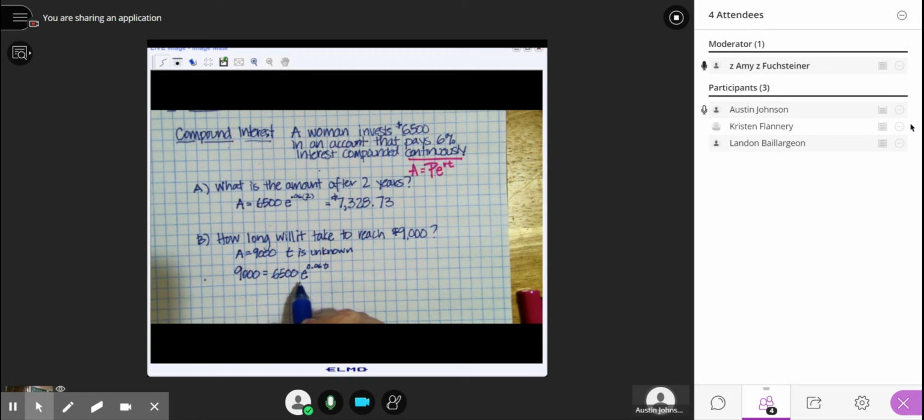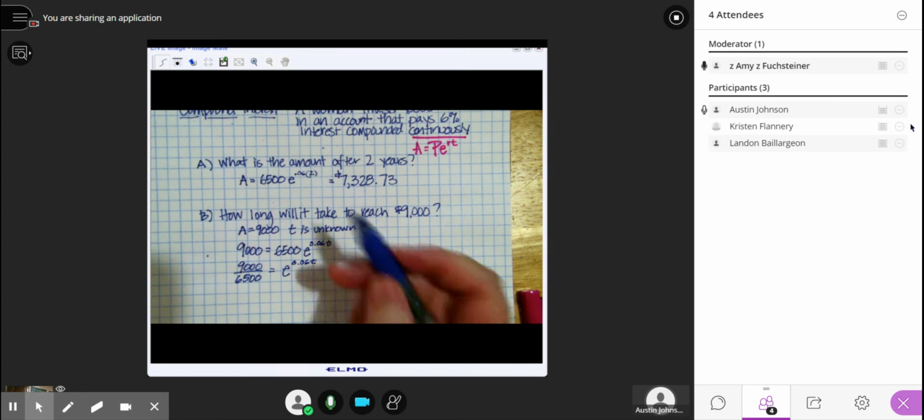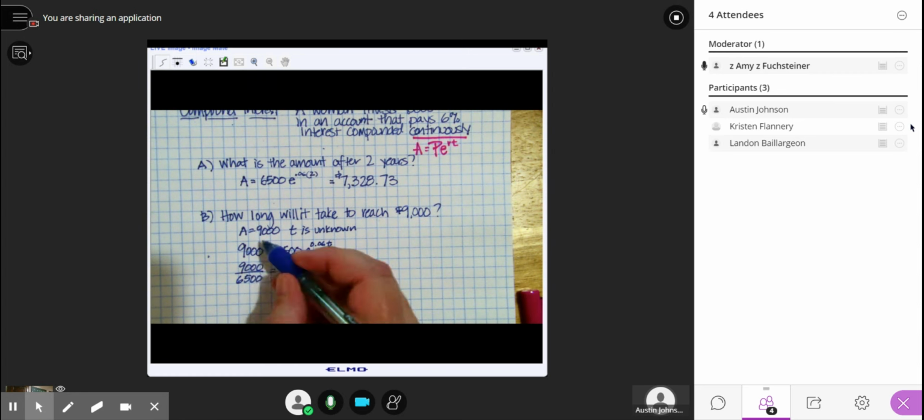Now, to solve this, we have to do what we were doing with our exponential functions. We have to get our exponential portion alone on one side, meaning we're going to divide both sides by the 6,500. By the way, this reduces to 18 over 13.